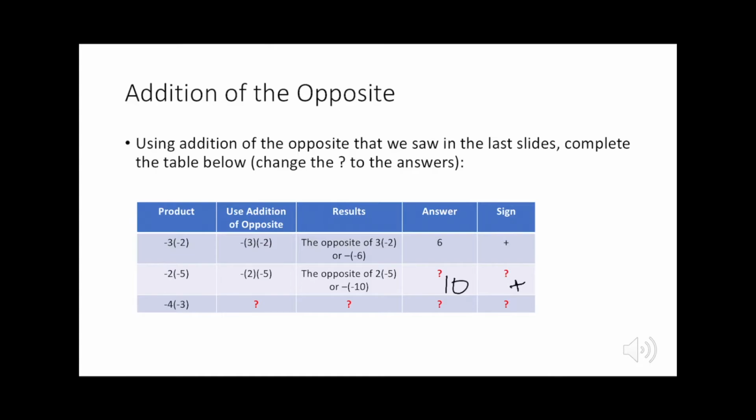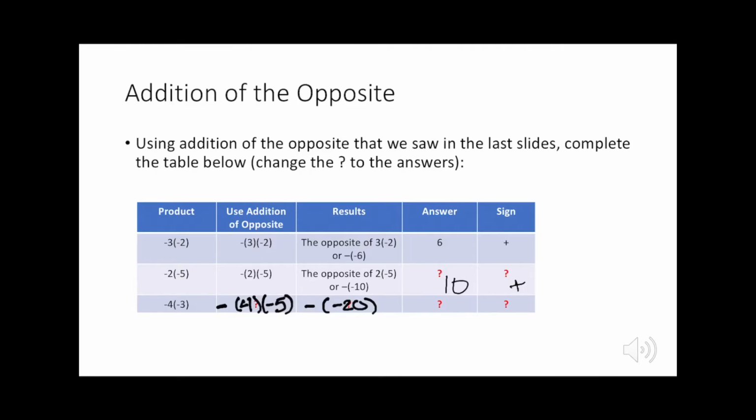So again, if I have negative 4 times negative 3, what that's really saying is the opposite of 4 times negative 3. Well, if that's the case, it's the opposite of negative 12.